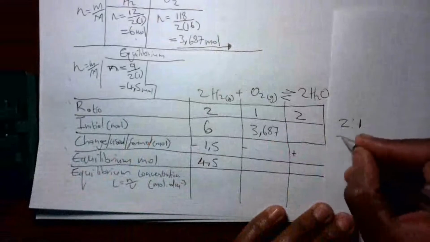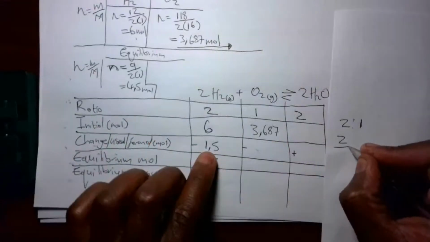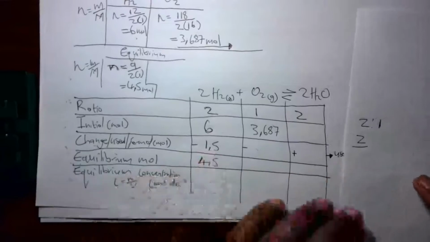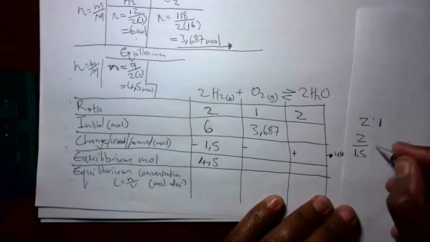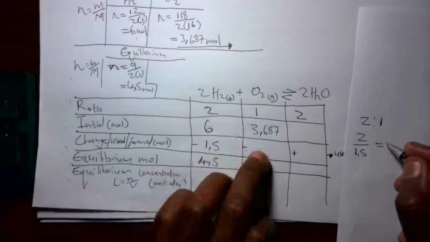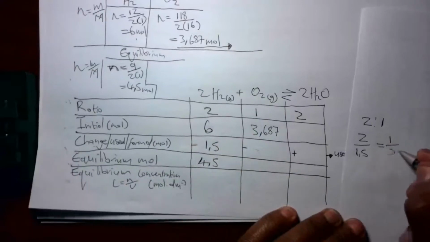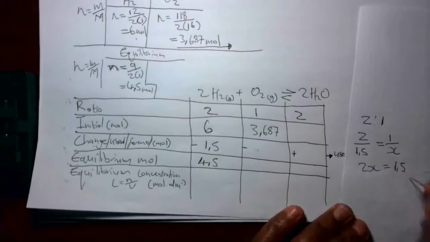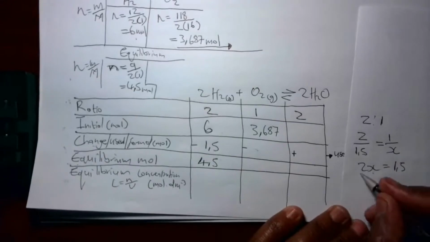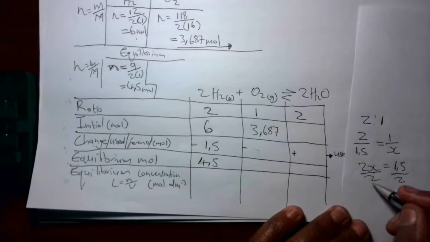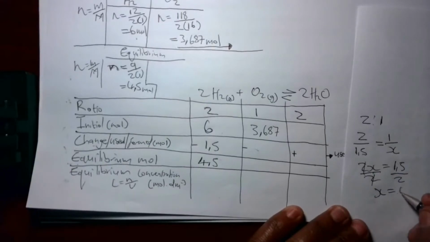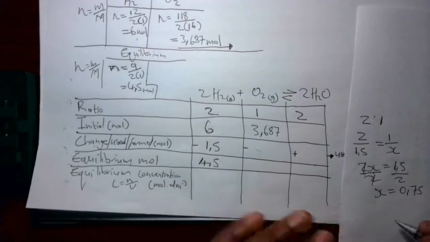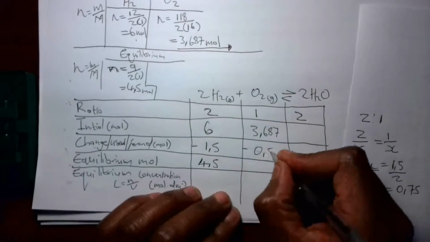So we're going to say 2 over 1,5 is equals to what we are looking for here, 1 over x. We do the maths, cross multiplication. This is going to be 2x is equal to 1,5. We are looking for x, not 2x, so we divide both sides by 2. So this cancels that. X is going to be equals to 0,75.